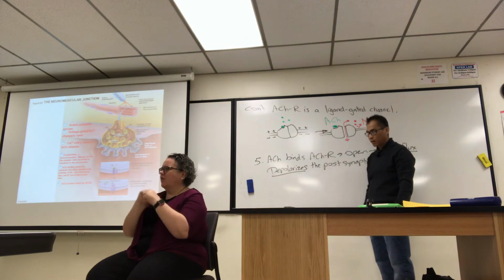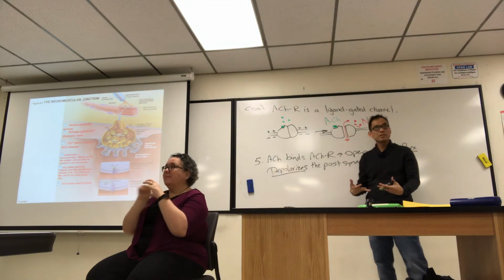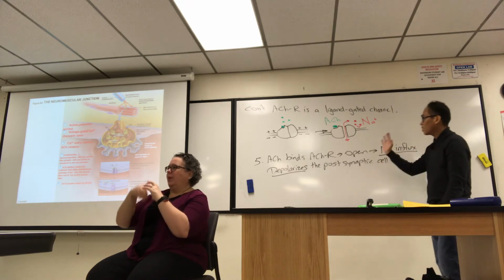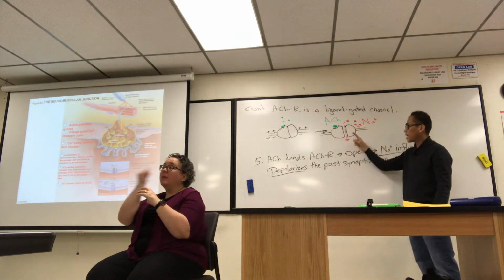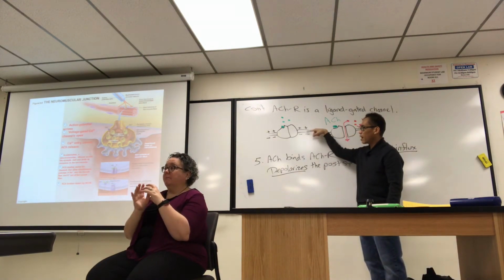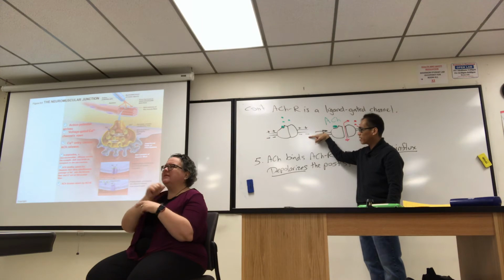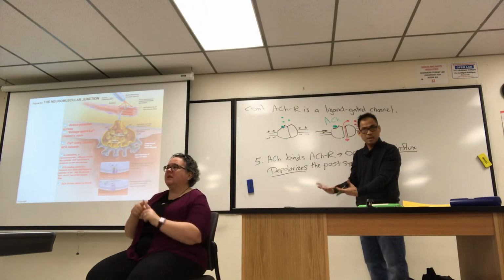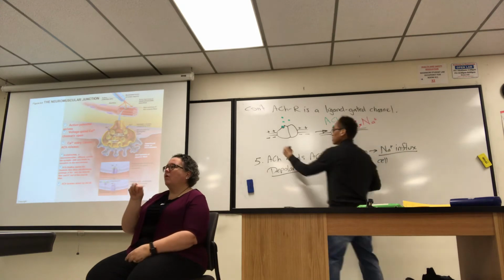But the cell membrane is like our capacitor, our resistance. Things can't flow. This state, all negative inside and positive outside, we call polarized. The cell membrane is polarized.